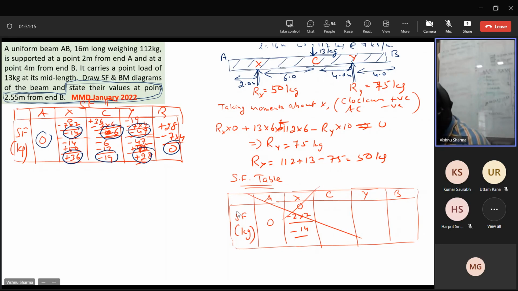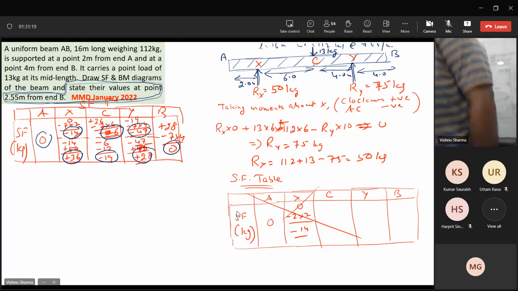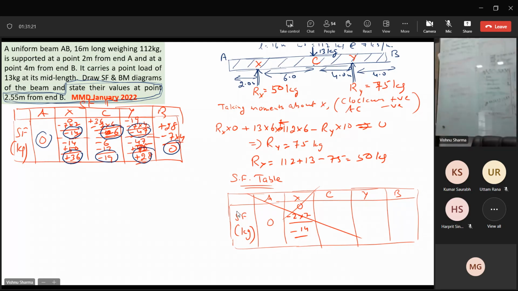It's an MMD question. This should give you the required confidence as we are moving on. Most of you said you are comfortable with beam diagram and calculation of reactions. Now we are on making of the SF table.